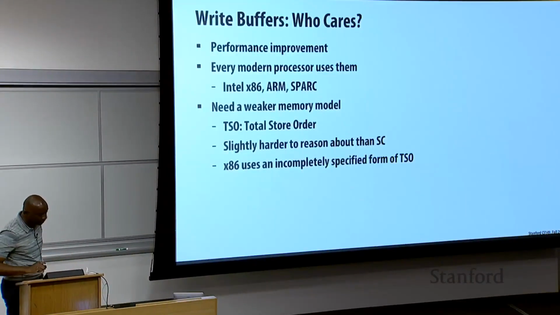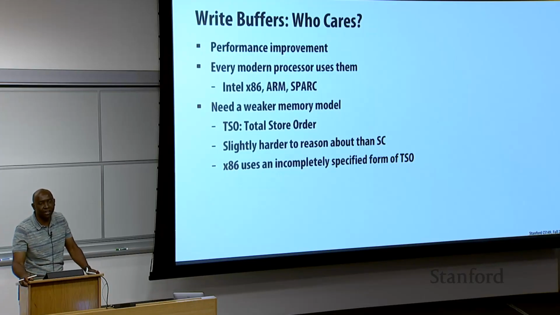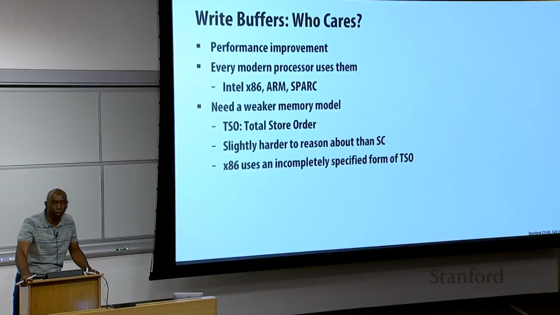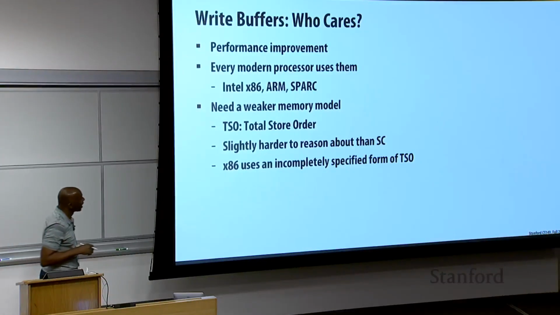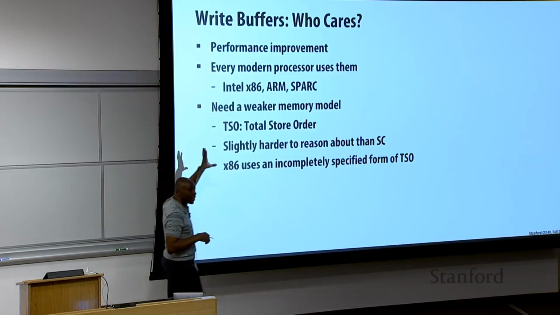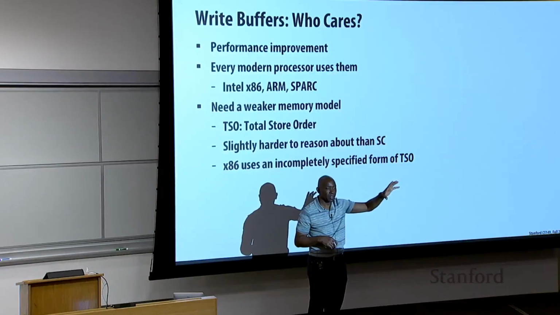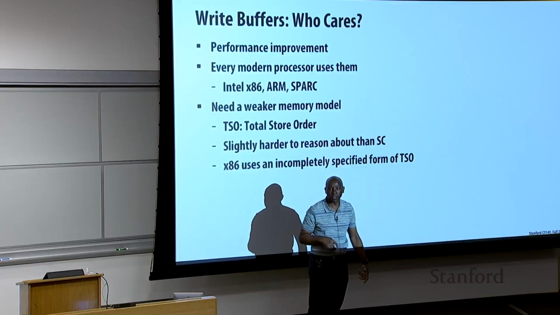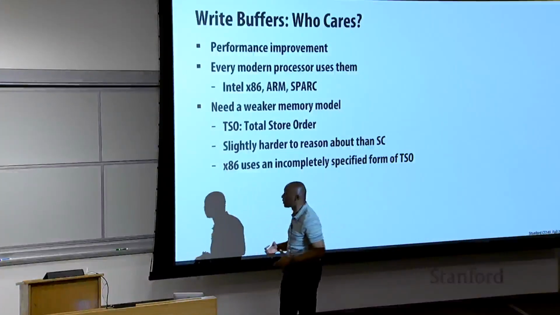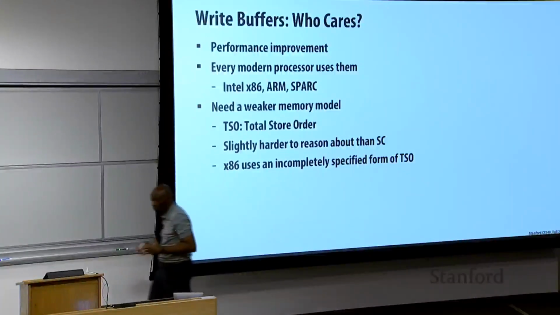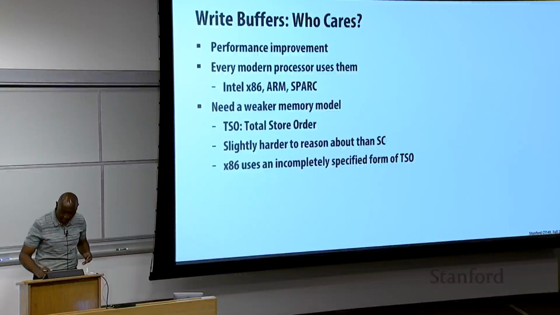Write buffers are important. Every major instruction set architecture supports write buffers. And the problem is write buffers don't fit within sequential consistency. You need a weaker consistency model to have a write buffer, and you want it because of the improved performance that comes from that.